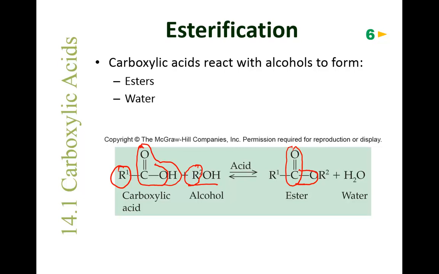So when you react that in an acidic environment, that's going to remove the hydrogen. So it's an oxidation here again. And this oxygen still wants to bond with something, so in comes the other alkyl group and bonds with that oxygen. So you're substituting this hydrogen here for an alkyl group.